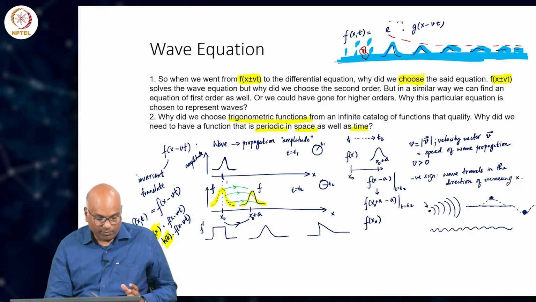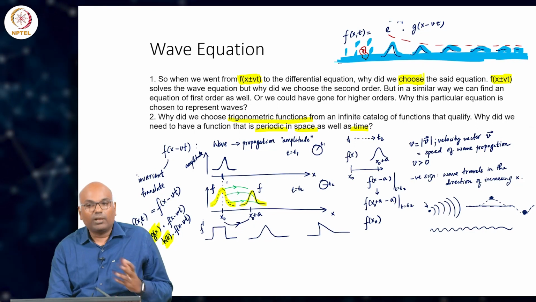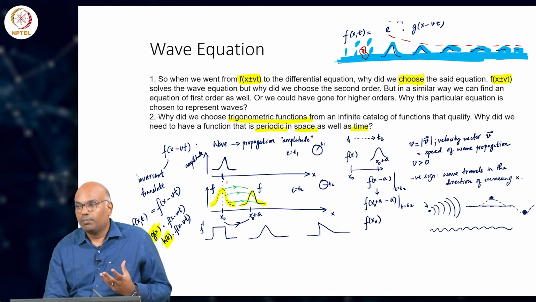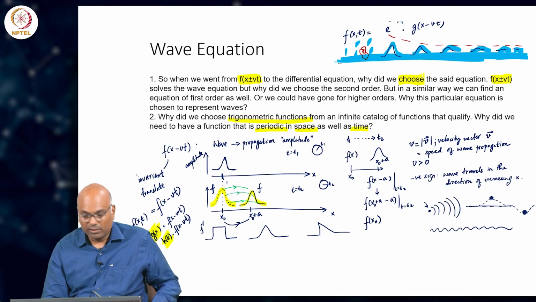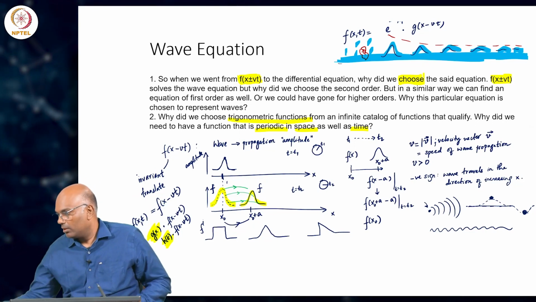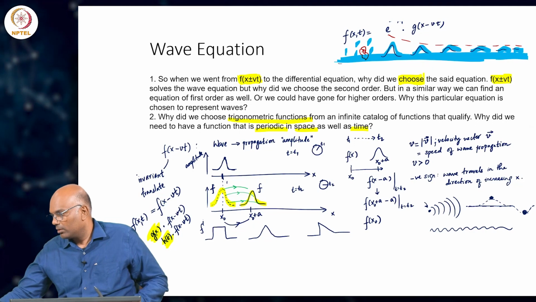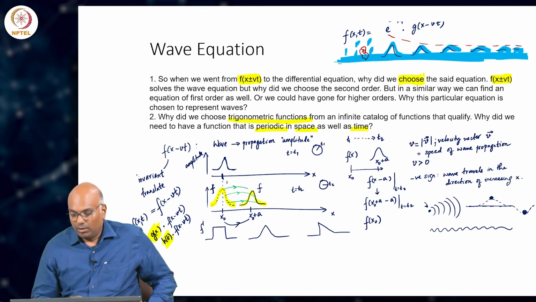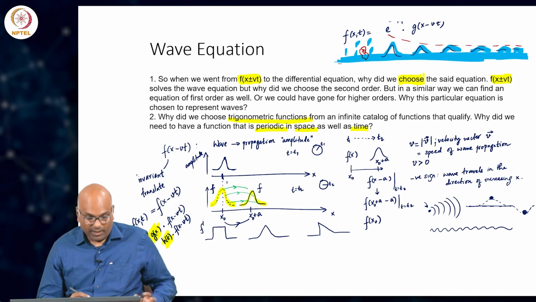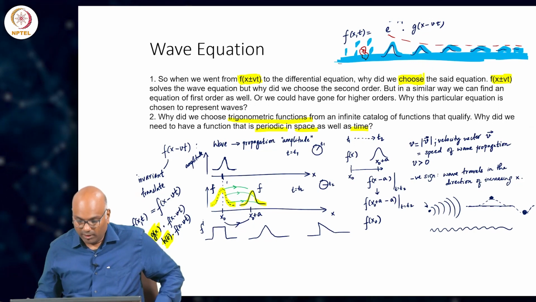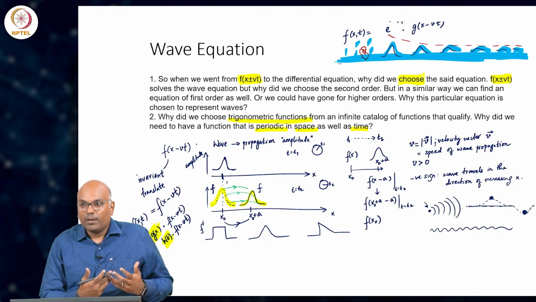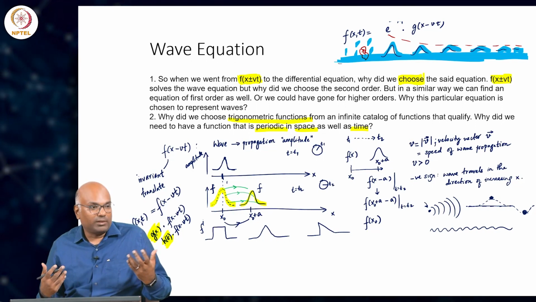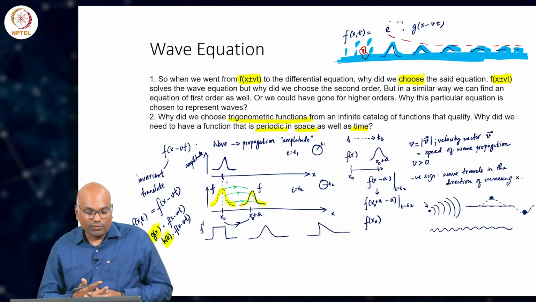In f of x minus vt, you would typically have to multiply out with some other functions to keep things maybe real. Okay. So, that is one question. The other, why did you choose trigonometric functions? As we now see, the choice is dictated by the fact that is the beauty of the Fourier transform, right.